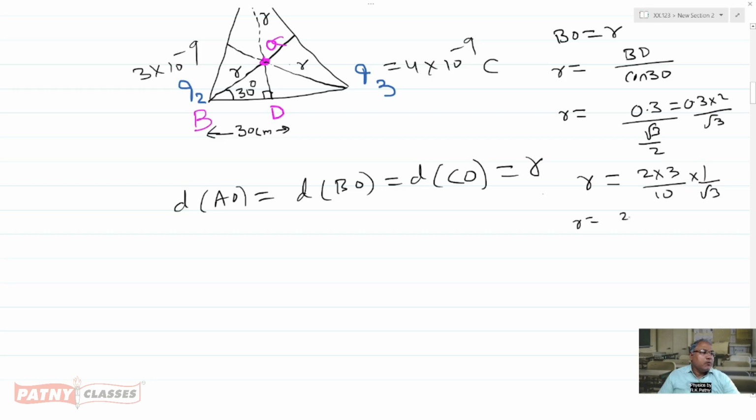R equals 2 into root 3 into root 3 upon 10 into root 3. Root 3 is gone. So R equals 2 root 3 upon 10 meters. We can cut it: 2 ones are 2, 5 twos are 10. Therefore R equals root 3 upon 5 meters.